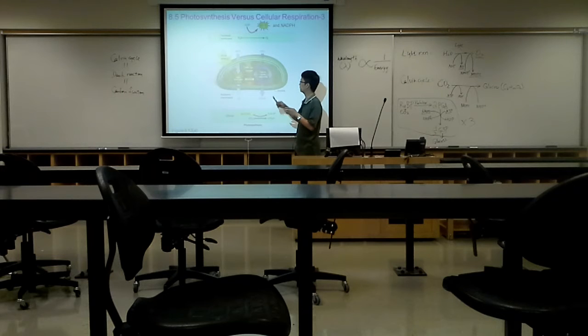And then the Calvin cycle uses the NADPH and ATP from the light reaction in order to make G3P. But one Calvin cycle only makes 1/3 of a G3P. That's why we need 3 Calvin cycles to make a complete G3P.